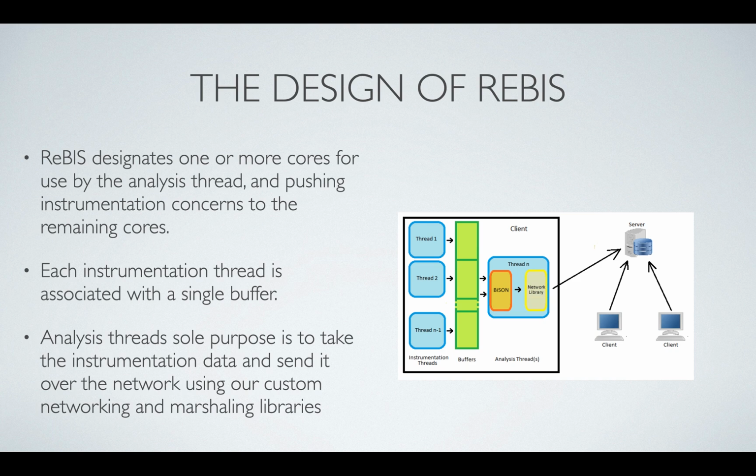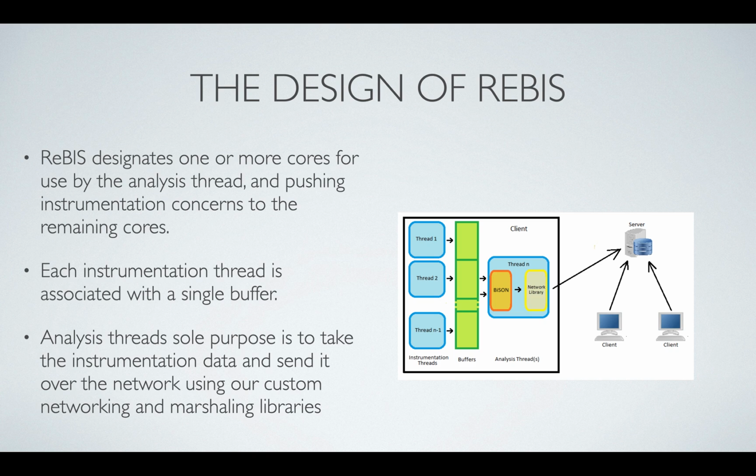We wanted to use those individual cores to offload data to a shared server that is over the network, that all the different hosts can communicate with. In our design of REBIS, anytime an application thread comes online, that thread is bound to one of the cores that exist in the system.